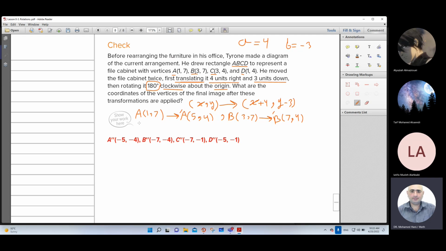Then the same idea for C equal (3, 4). So the translation will be C prime: X 3, 3 plus 4 will be 7. And Y 4, 4 minus 3 will be 1.